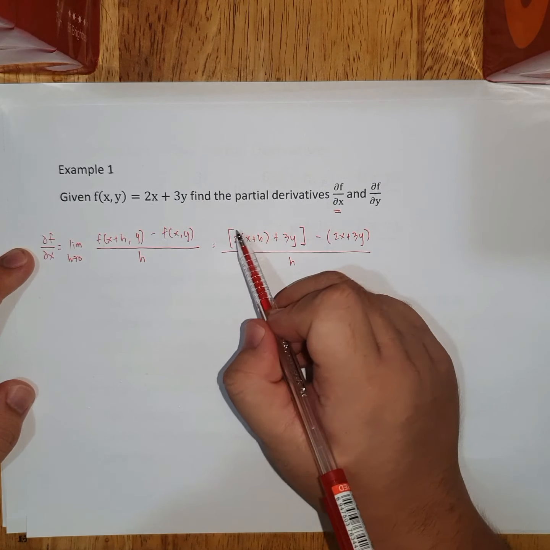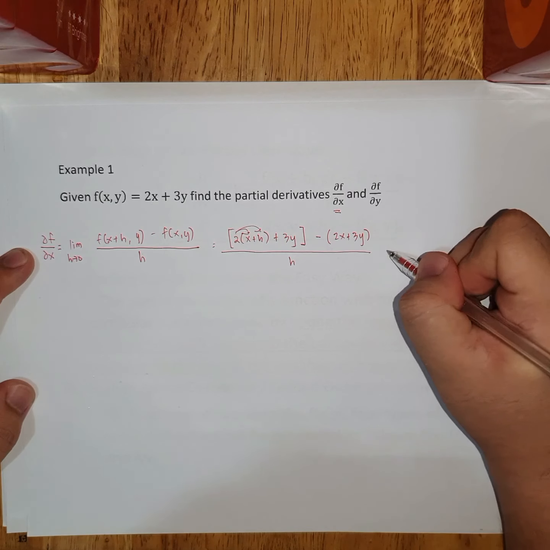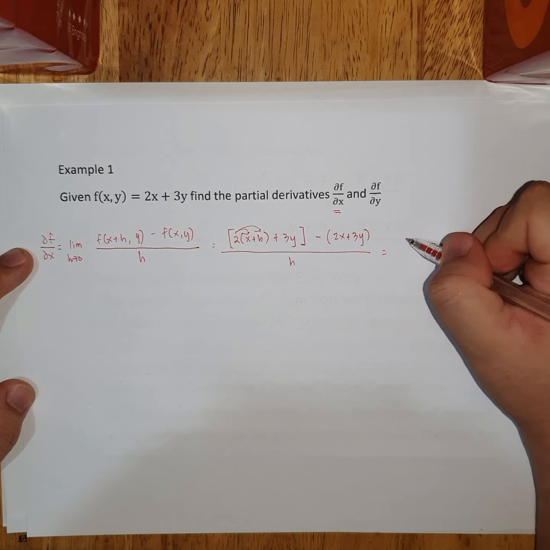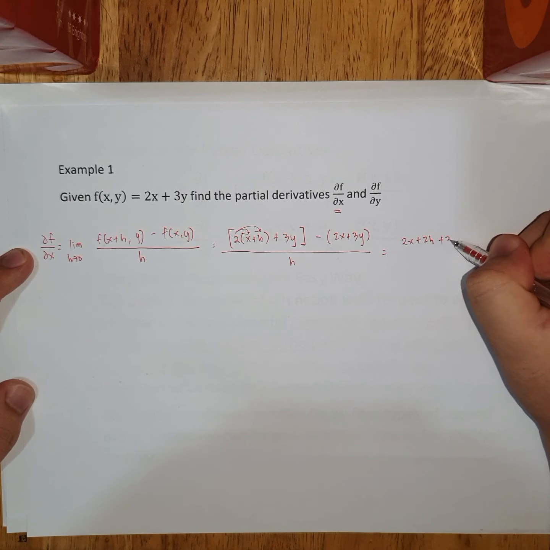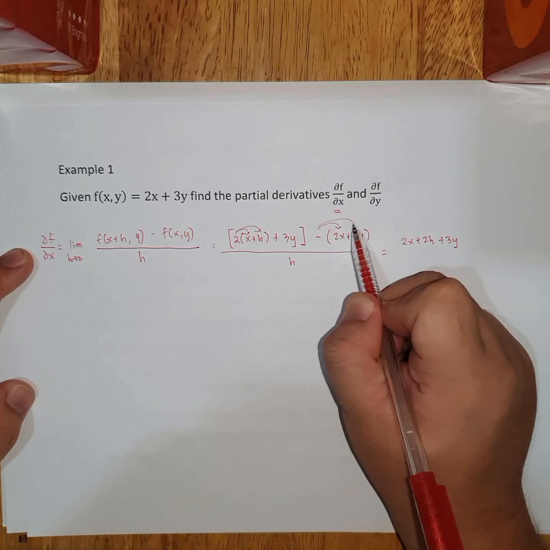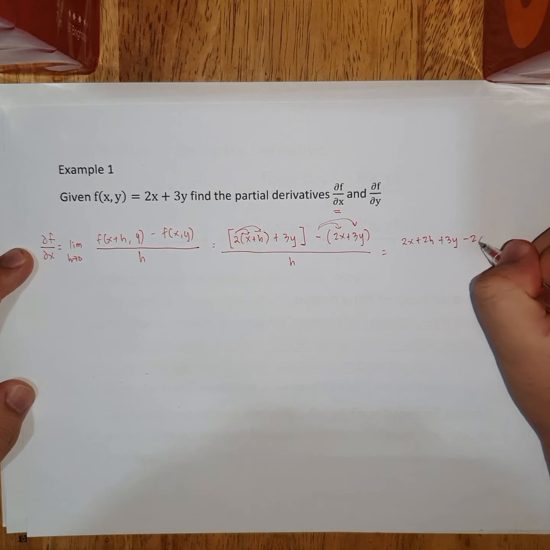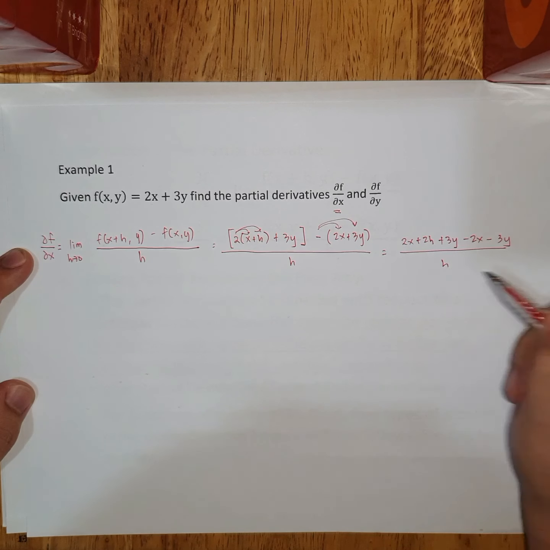Then we simplify this. We distribute the value here, then simplify the numerator. When distributed, we have 2x plus 2h plus 3y. Then this negative sign, we distribute as well, so we have negative 2x minus 3y, all over h.